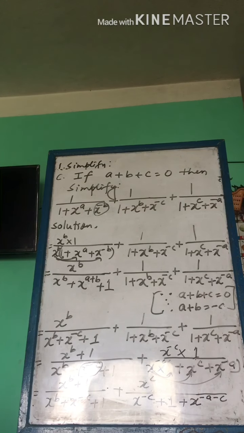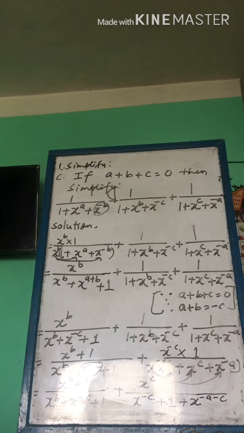Okay, let me follow the next step. Let me rub this. Now you have to make the denominator same by replacing this minus a minus c.